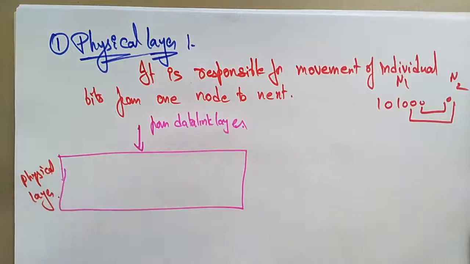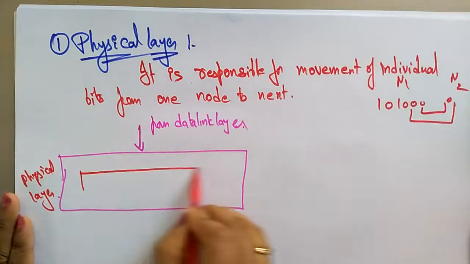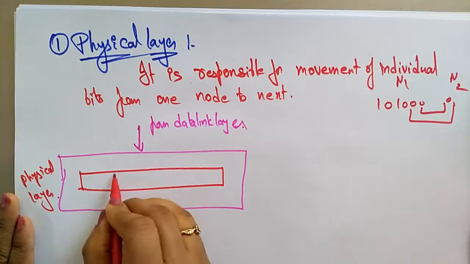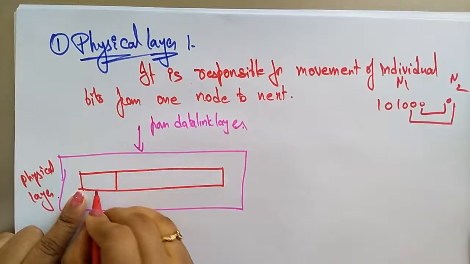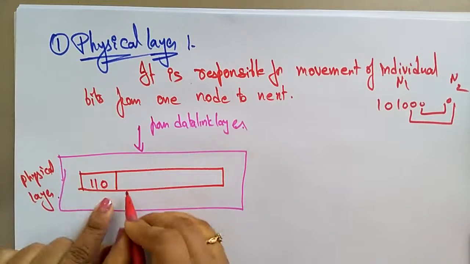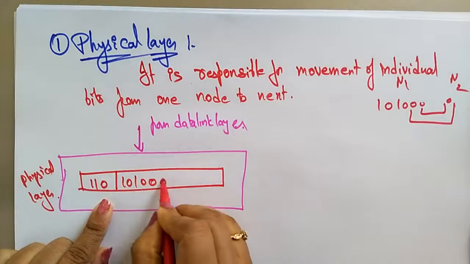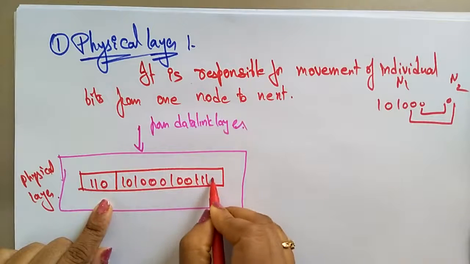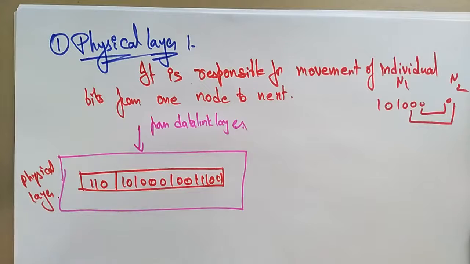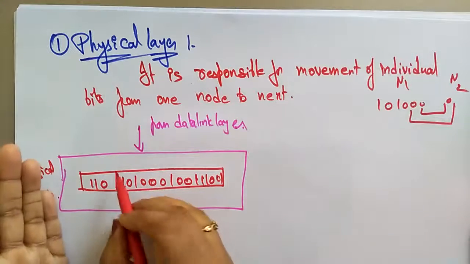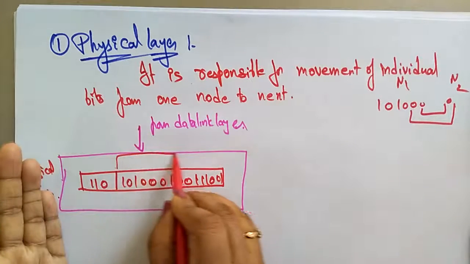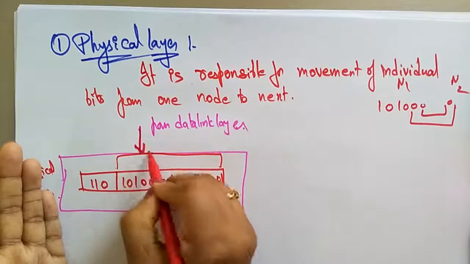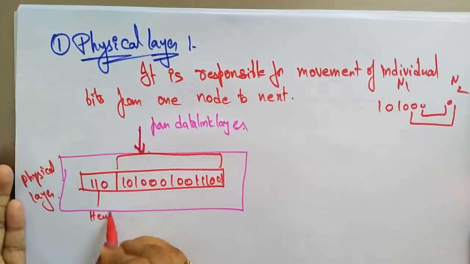The typical message appears as header and message. This message consists of a header; let me take the header as 110, and the message as 10001001100100, something like that. This is a message which comes from the data link layer, and this is a header of the physical layer.